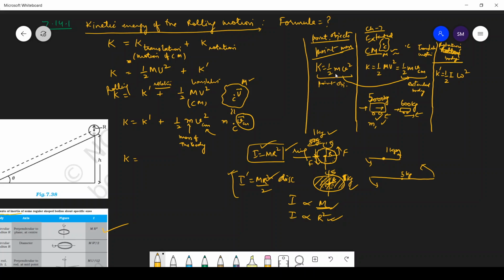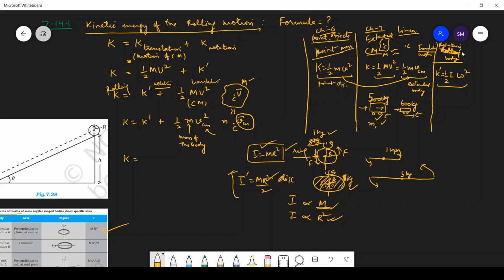These are the things we have studied till chapter 6, and this is in chapter 7, extended body. Rotational motion is equivalent to this translational motion, this linear motion. You can call it linear, you can call it translational.